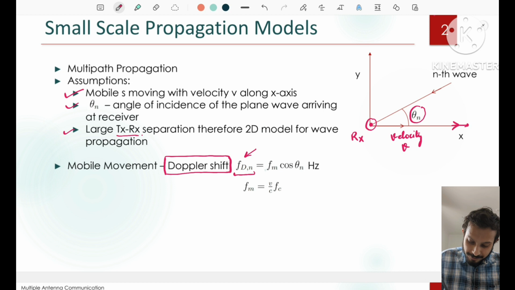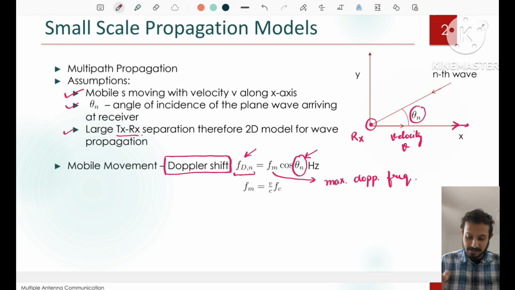And this is equal to Fm cos theta n, where Fm is the maximum Doppler frequency, theta n is the angle of incidence of the nth wave at the receiver, and cos theta n is the component of that frequency in a particular direction.